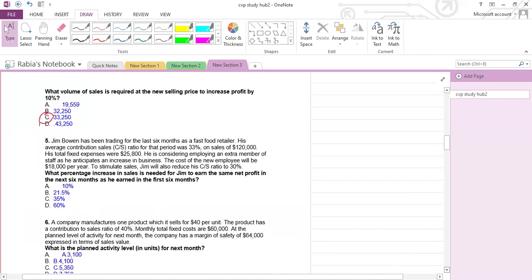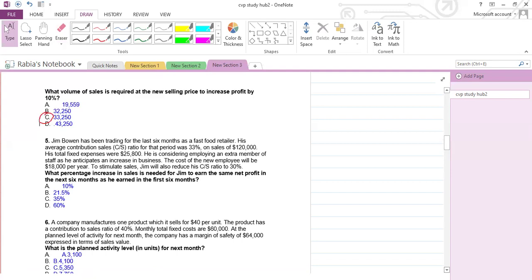Jim Bowen has been trading for the last 6 months as a food retailer. His average contribution to sales ratio for that period is 33% on the sales of 120,000. His total fixed expense is 25,800. He is considering employing an extra member of staff as he anticipates an increase in the business.